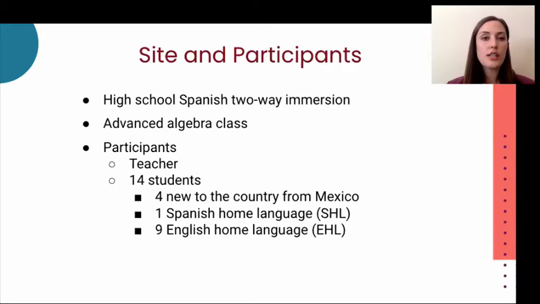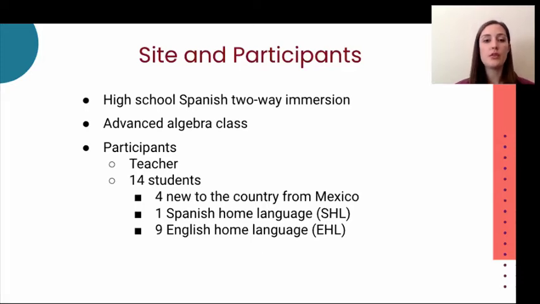Also, one interesting thing to note about this class is that typically in these programs, which are often referred to as two-way immersion programs, because you've got groups of minority language speakers and groups of majority language speakers, typically at least a third of the class should be made up of minority language speakers and at least a third of majority language speakers.